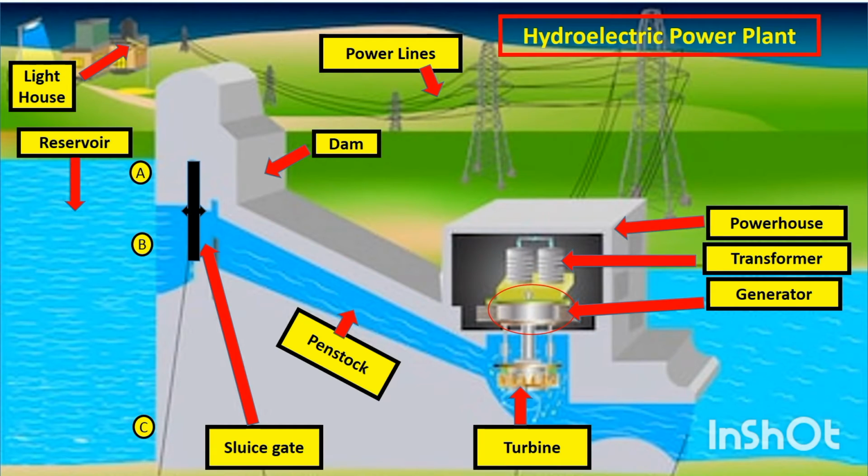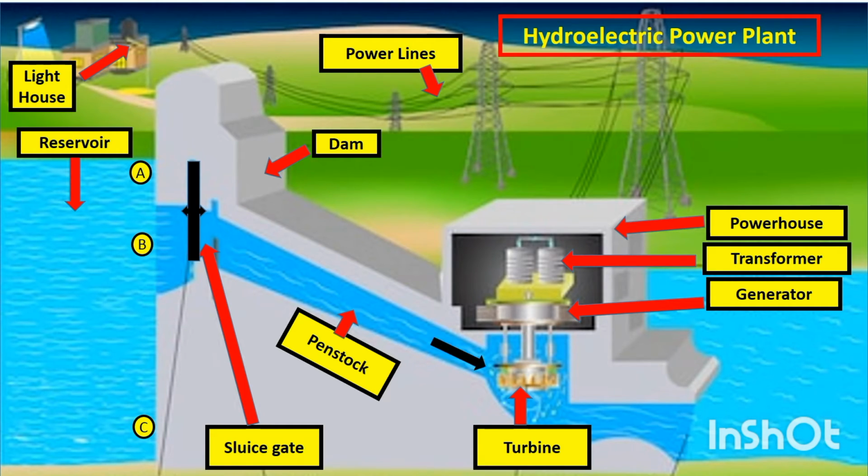Stored water of reservoir has potential energy. After opening sluice gate, water starts flowing through this penstock, which means potential energy is transformed into kinetic energy.